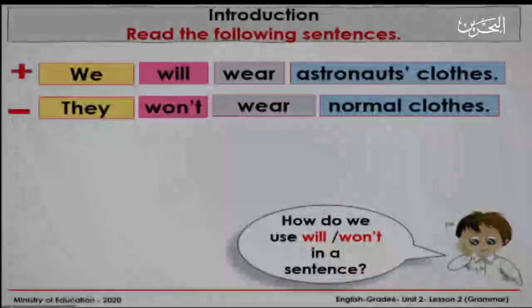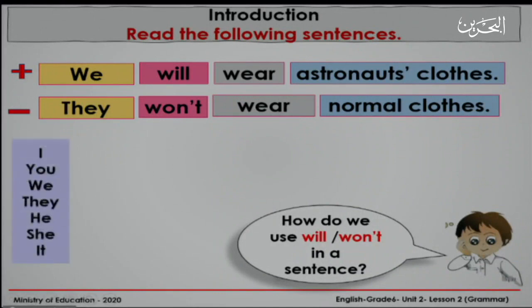How do we use will and won't in a sentence? We have got here the pronouns I, you, we, they, he, or names like Hassan, she, like Mariam, it, the cat.